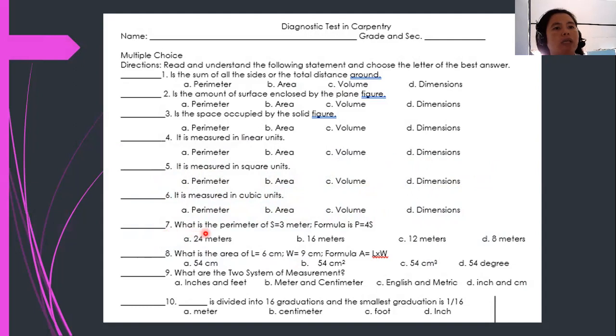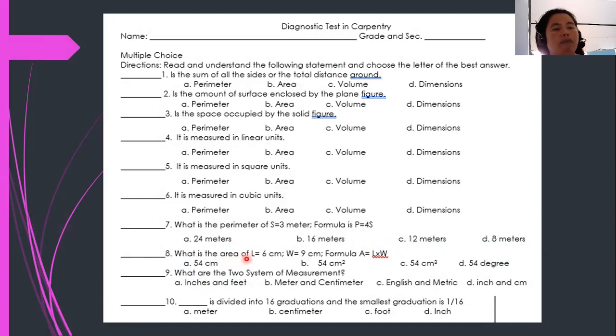7. What is the perimeter of a square where S, or side, equals 3 meters, wherein the formula is perimeter equals 4S? A, 24 meters, B, 16 meters, C, 12 meters, D, 8 meters. Number 8.